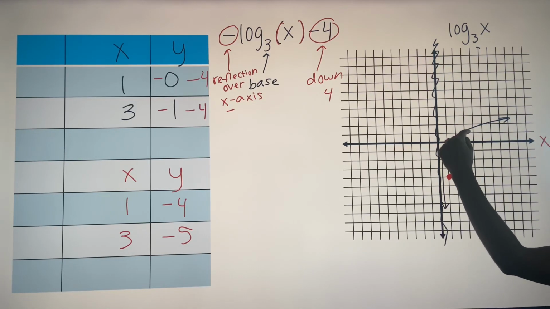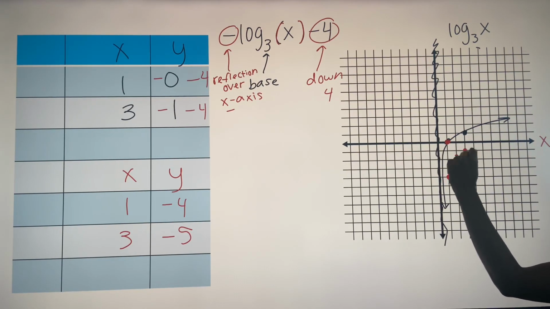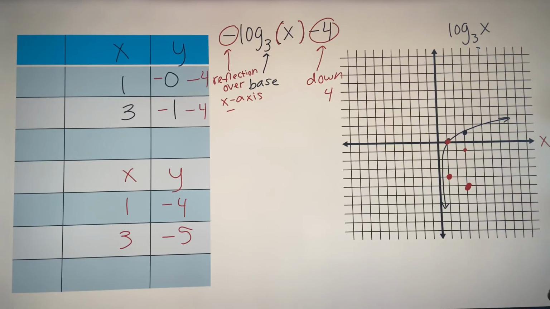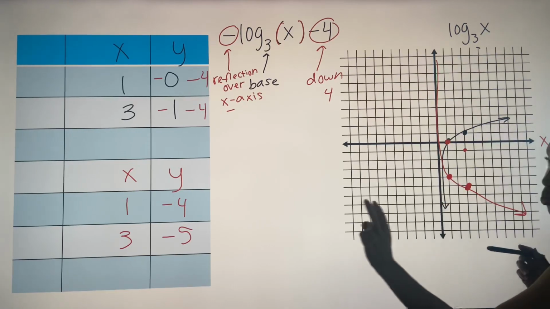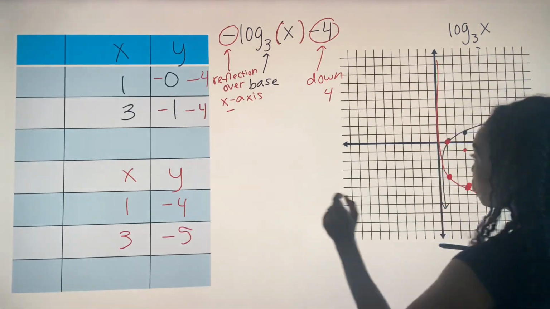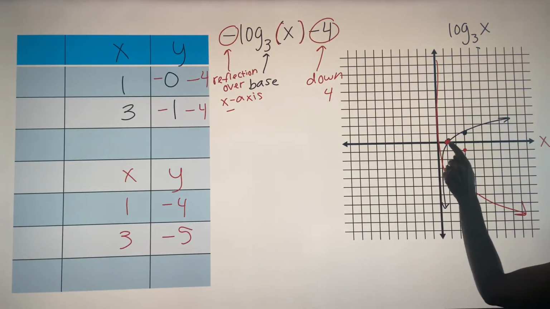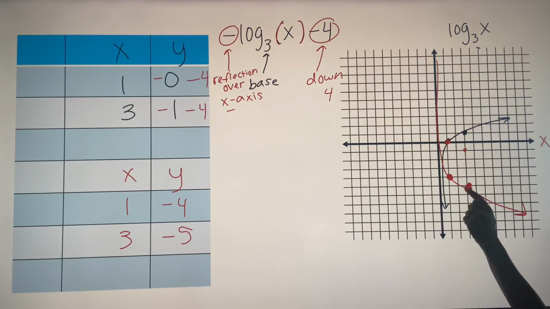So this point flips across the x-axis. Now it's here. And then it goes down 4 spaces right here. So this is my new line. Get close to the asymptote and then go through those points. That is what your graph looks like. And notice these points match what's on your table. 1, -4 is right here. 3, -5, that's right here.